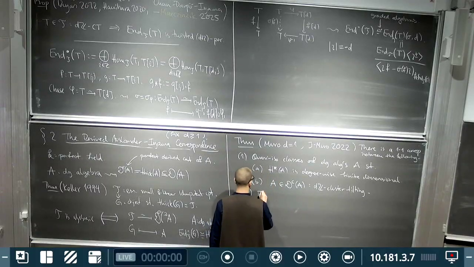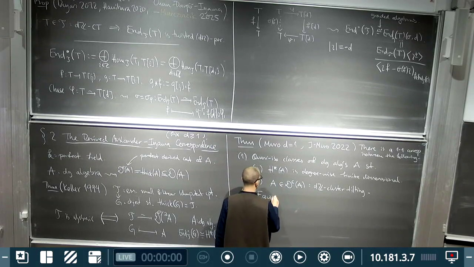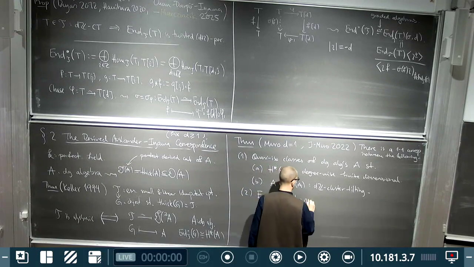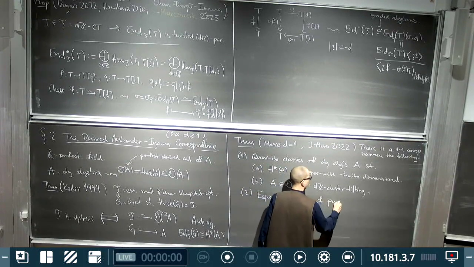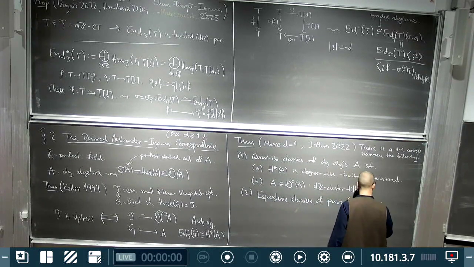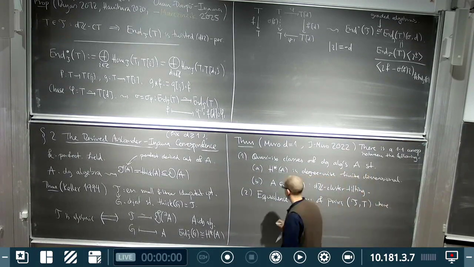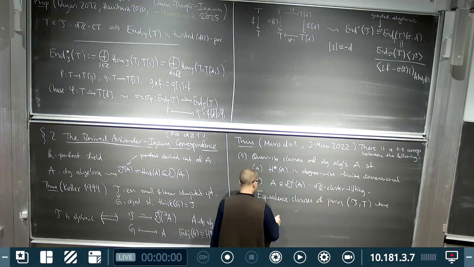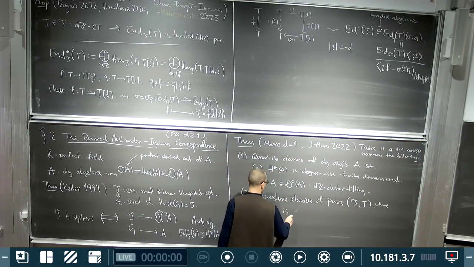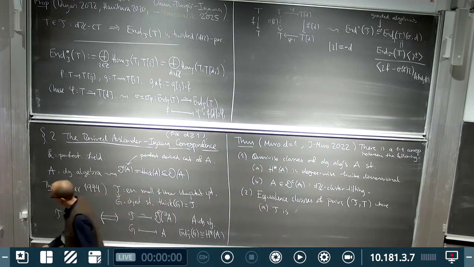So here is the second class: equivalence classes of pairs (T, T), where, A, T is, and I really should have given it a name, but I probably will.